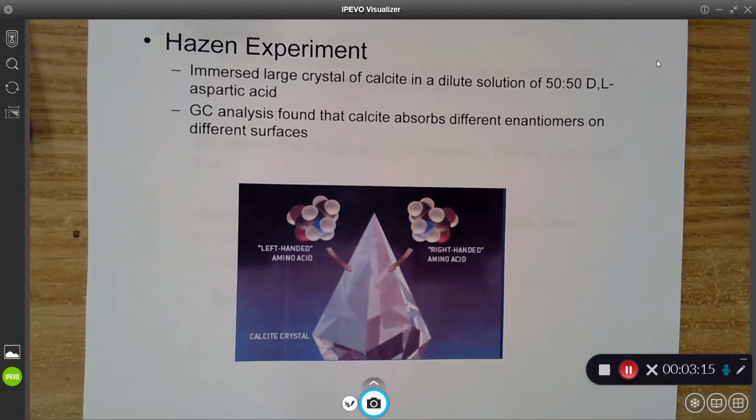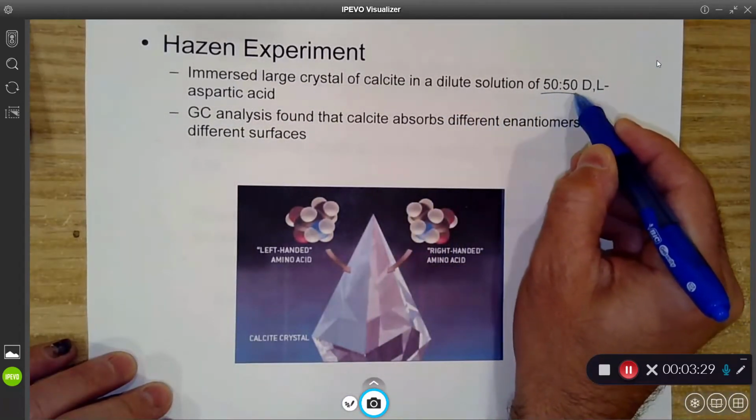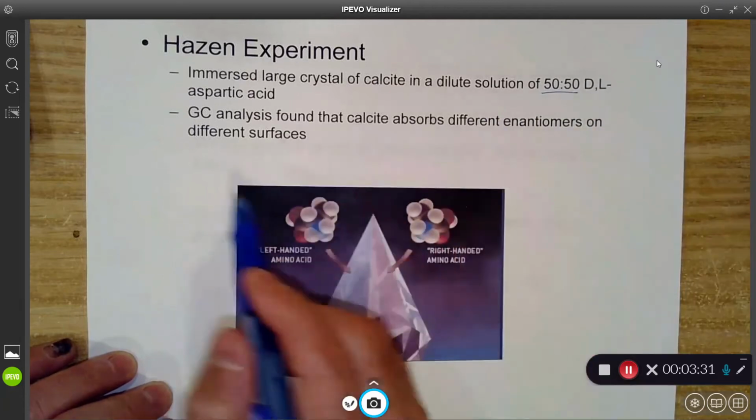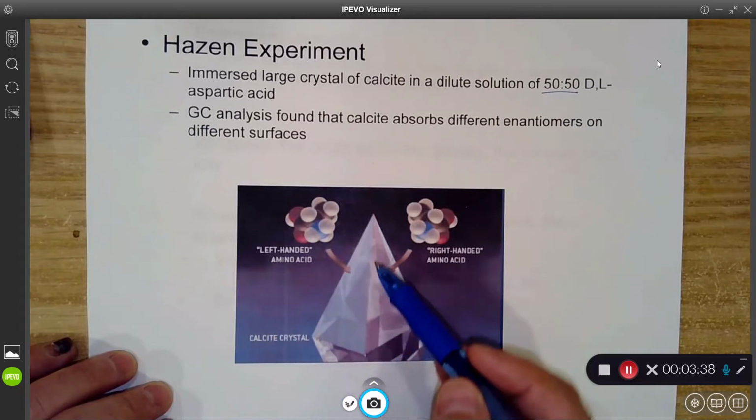So essentially, you can imagine in this prebiotic world, there would be a lot of crystalline calcite around. And it turns out if you immerse a crystal of calcite in a dilute solution of a racemic mixture, 50-50, so 1:1 D and L aspartic acid, these different enantiomers will adsorb onto different surfaces.